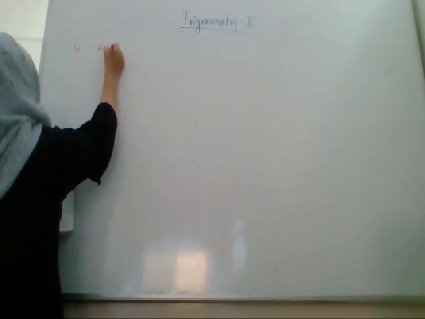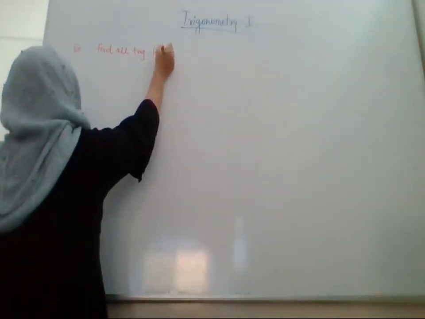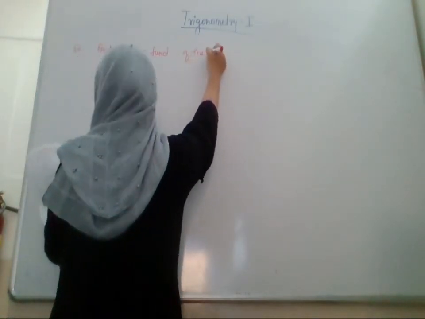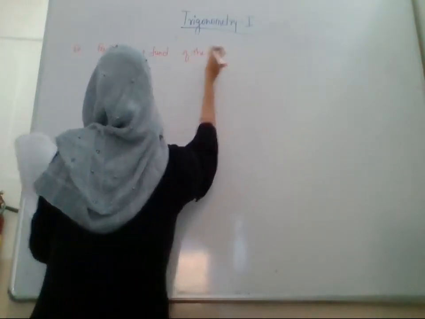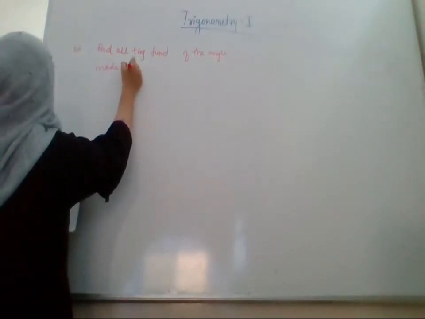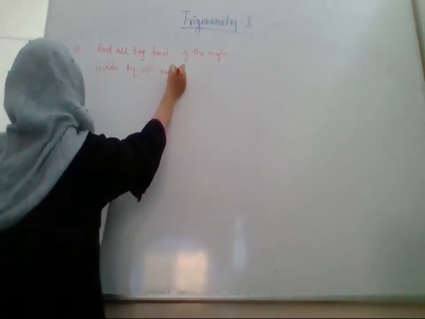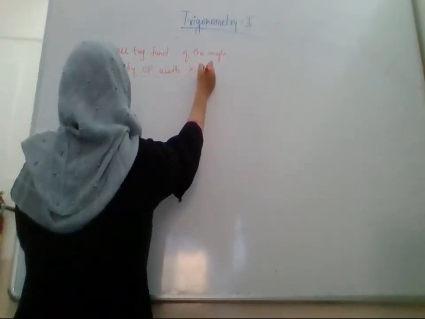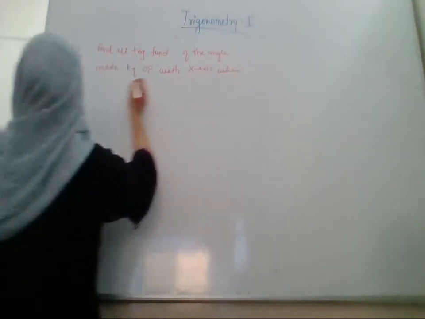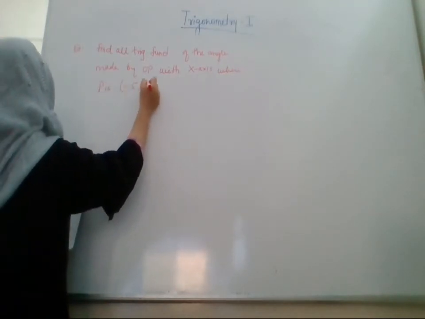Find all trigonometric functions of the angle made by OP with x-axis, where point P is minus 5, 12.